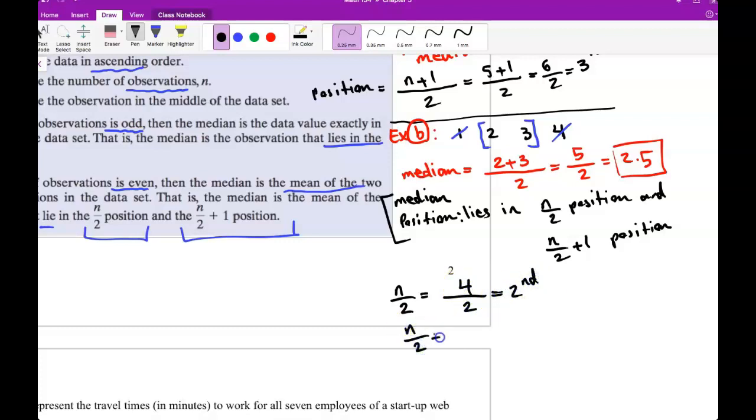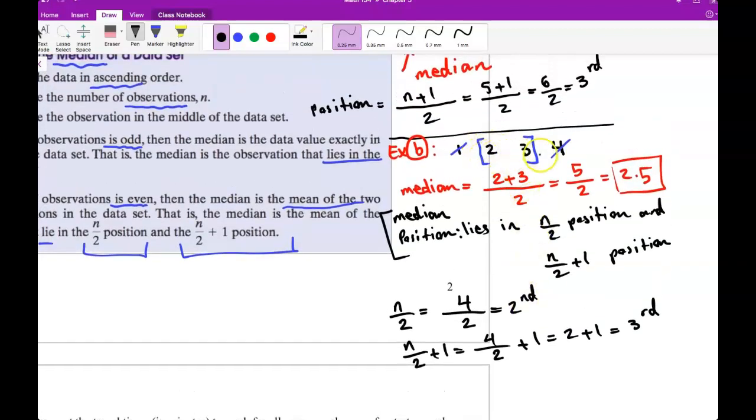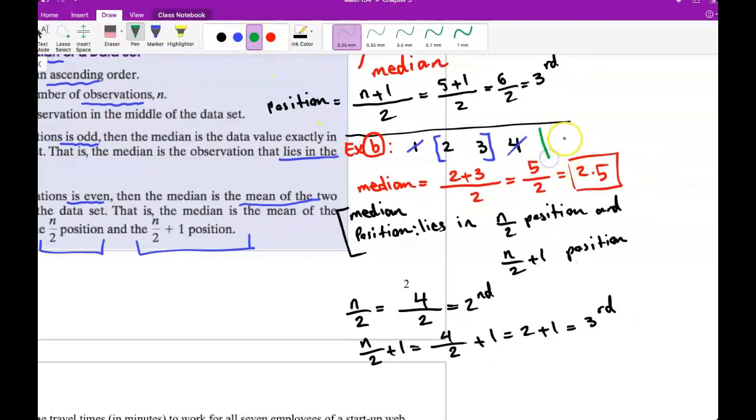And n divided by 2 plus 1: 4 divided by 2 plus 1. So that is third place. What that means, our median is between these two, between second and third place. Once again, second and third place doesn't mean that I have 2 and 3. You may have a different example, for example, 3, 4, 5, 7.